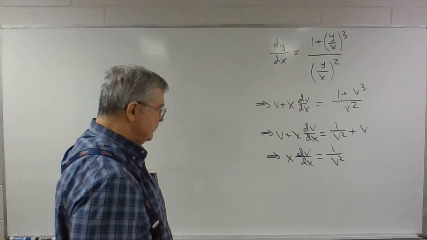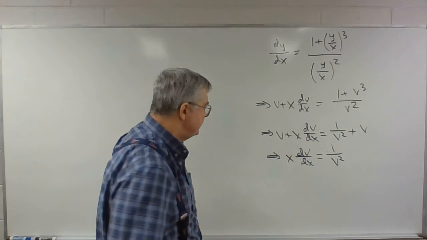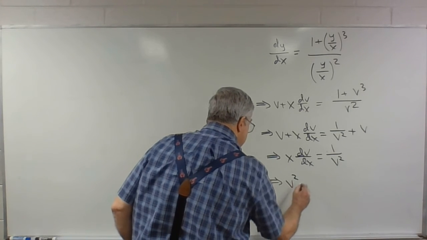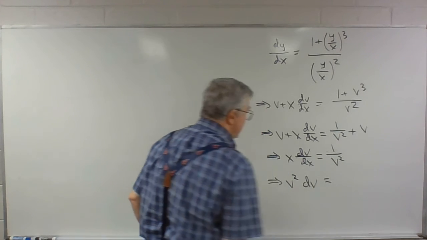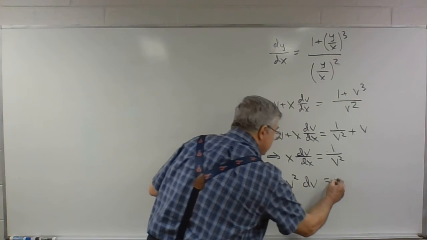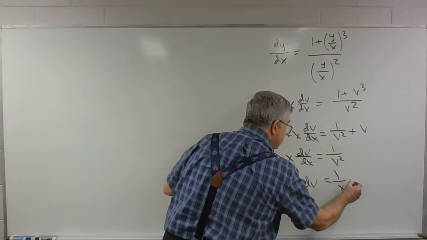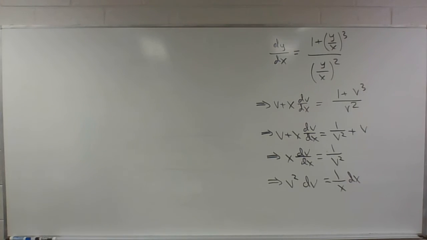And from this, I can see that the variables can clearly be separated. Multiply both sides by v squared. And divide both sides by x. And multiply both sides by dx. Variables are separated.